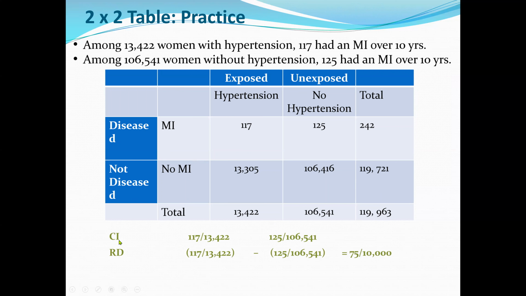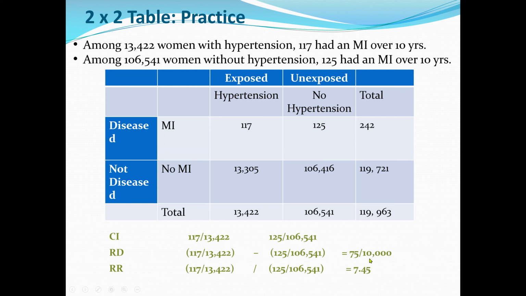We get 7.45. So now we interpret risk difference as those who are exposed, 75 more per 10,000 population may have the problem than those who are not exposed.